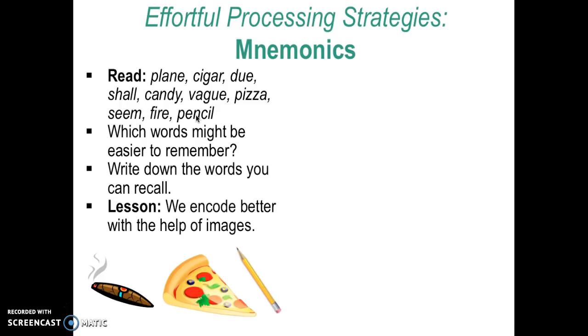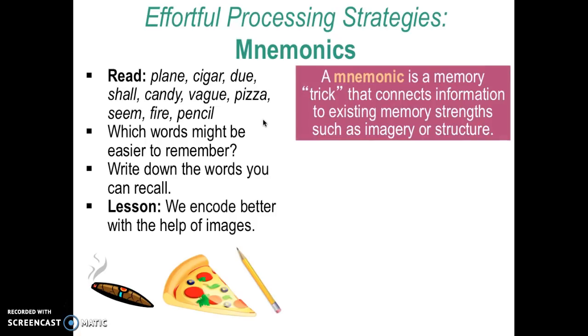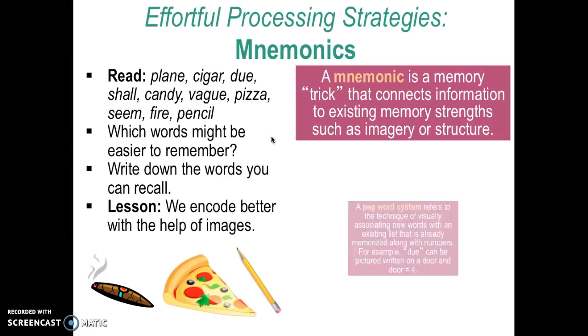But there's no real picture in your mind for do, shall, vague, seem. So we have these mnemonic devices that we use like an image, okay? And they help us remember. So mnemonic devices, these are tricks that connect information to existing memory, okay?